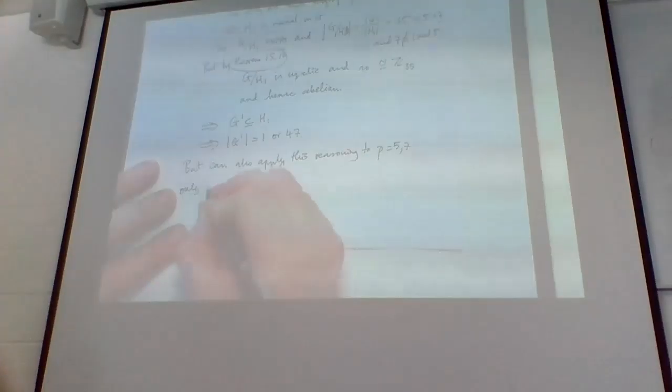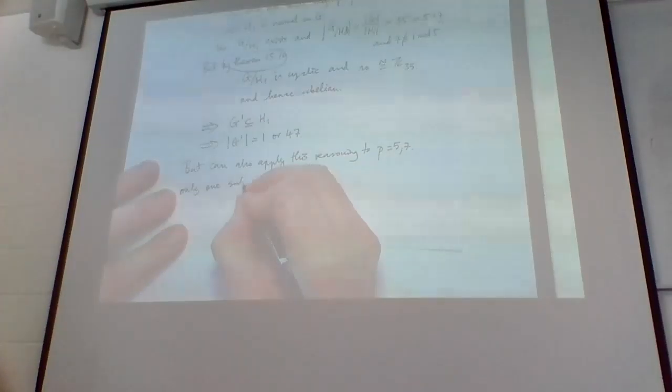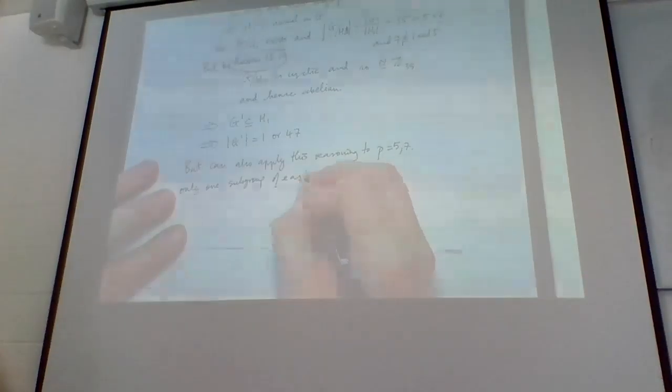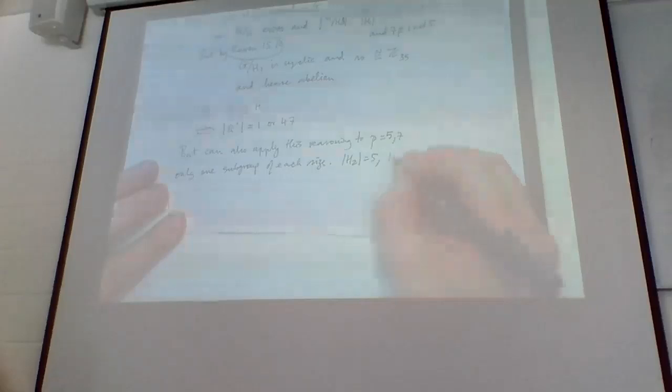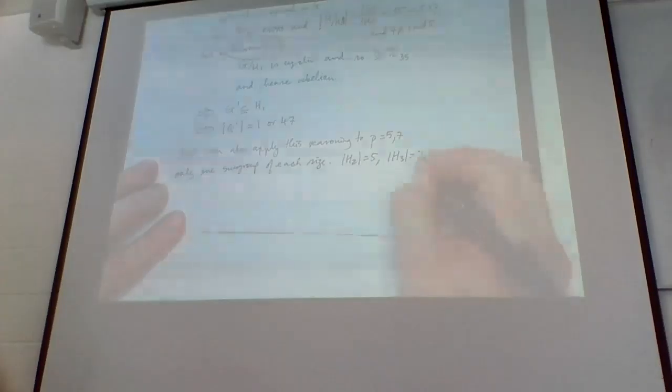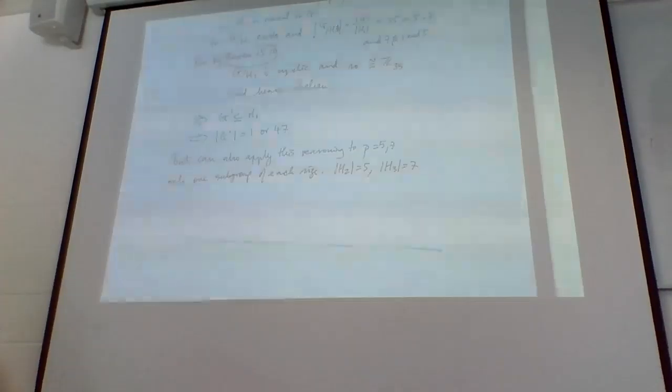There's only one subgroup of each size. Let's say H2, which is size 5, and H3, which is size 7. There's only one Sylow 5-subgroup and only one Sylow 7-subgroup, for similar reasons.